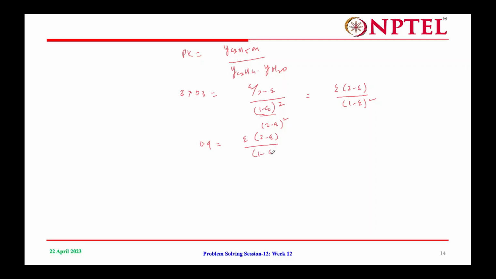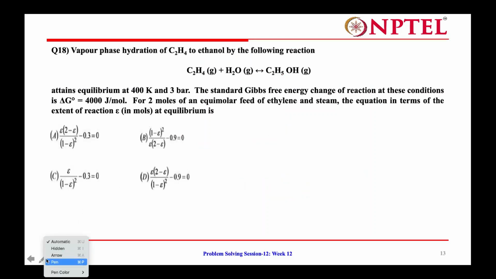One minus 2 minus to 0.9 equal to 0. We check the options, so this is the correct one. All of you got clear?